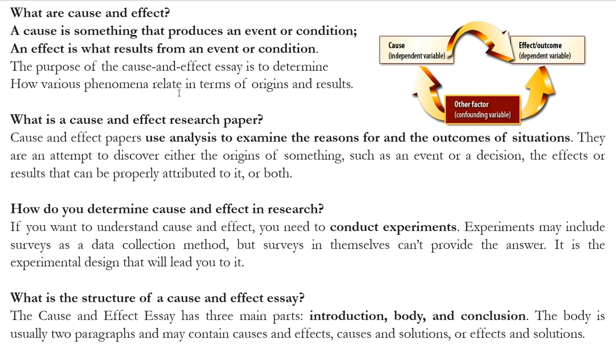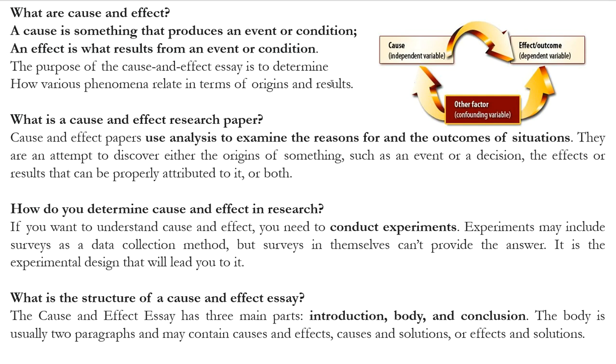The purpose of the cause and effect paper is to determine how various phenomena are related in terms of original results converted into actions. Then, what is a cause and effect research paper? This paper uses an analysis that examines the reasons for and outcomes of particular situations, and you identify the effect problems.